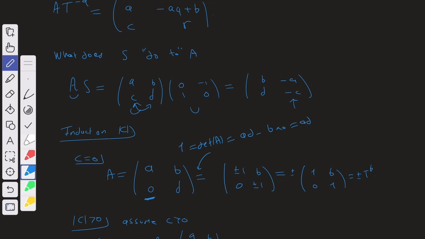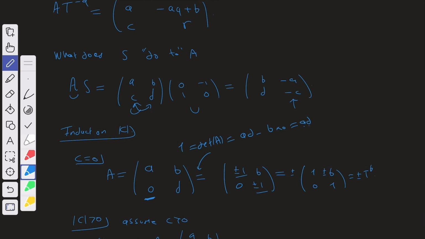So the product of these two entries is 1, but these entries are integers, so they should be both plus 1 or both minus 1. We can take that sign outside, and we're going to have plus or minus next to b.